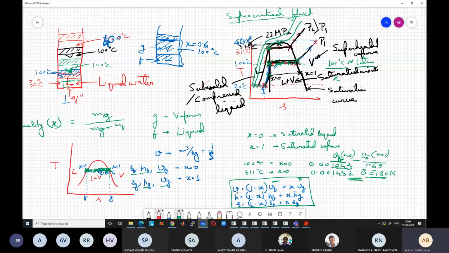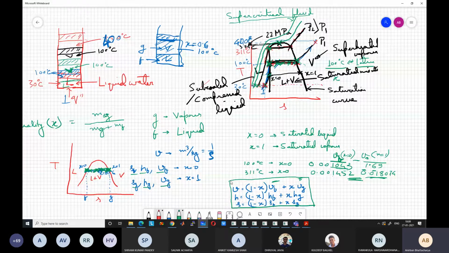Okay. For example, if I ask somebody to find the specific volume of a water and water vapor mixture, two-phase water, at 100 degrees centigrade with a quality of 0.5, what do we need to do?